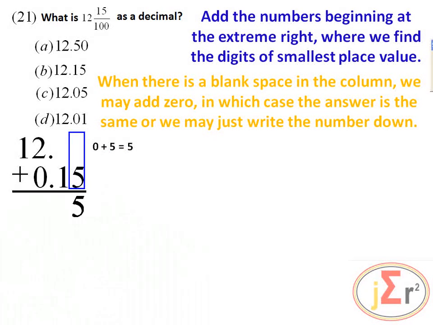When there is a blank space in the column, we may add a 0, in which case the answer is the same, or we may just write the number down. So when we are adding and there's a blank space, we may assume that it is occupied by 0. So 0 plus 5 is equal to 5. Or we might just write down 5.